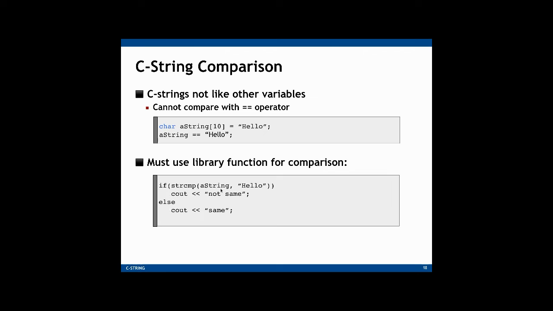And similarly, unlike other primitive data types, you cannot compare two C-strings with the equal operator like this. You have to use the strcmp function to compare two C-strings. So dealing with C-strings is not trivial.